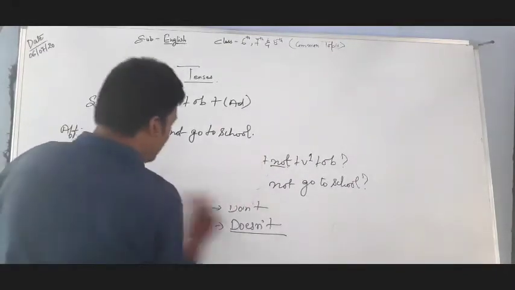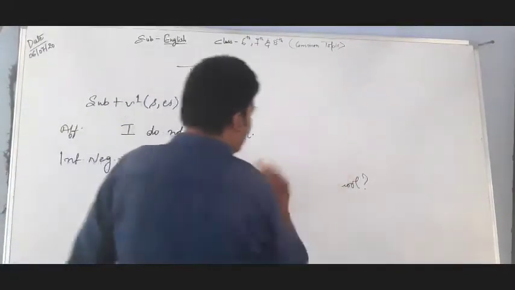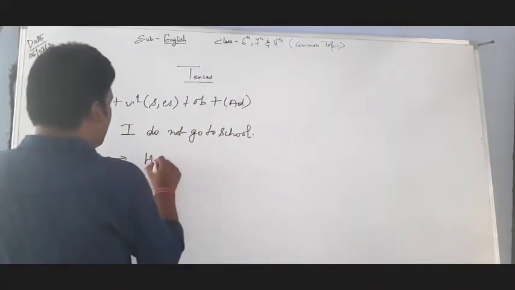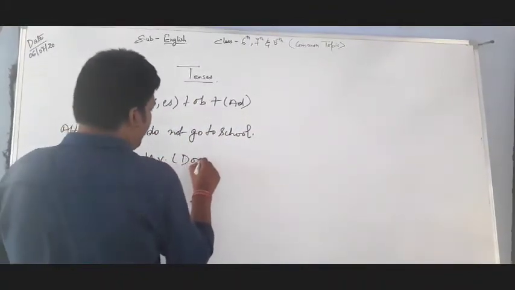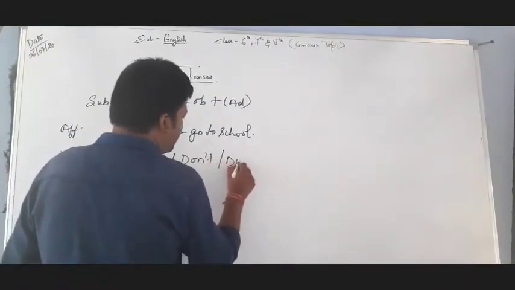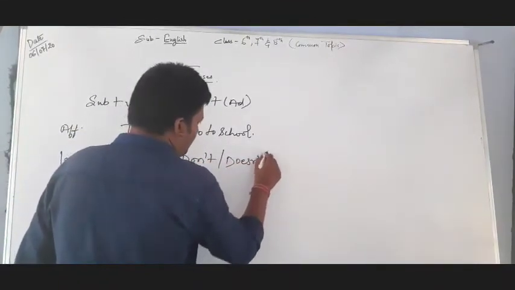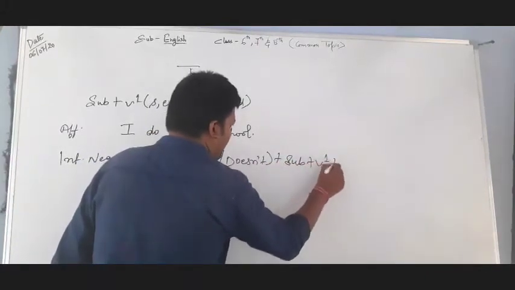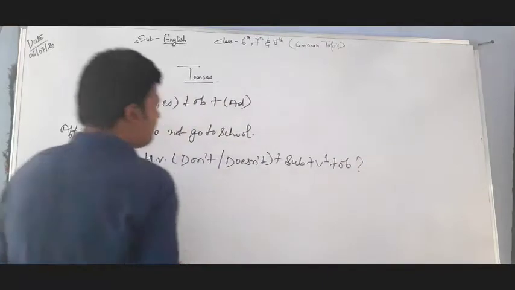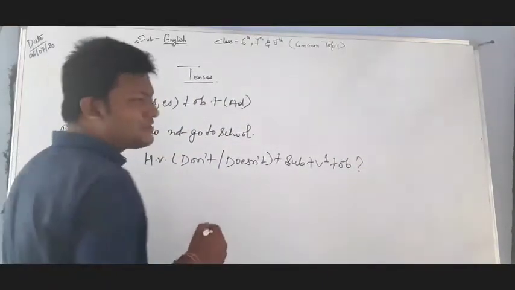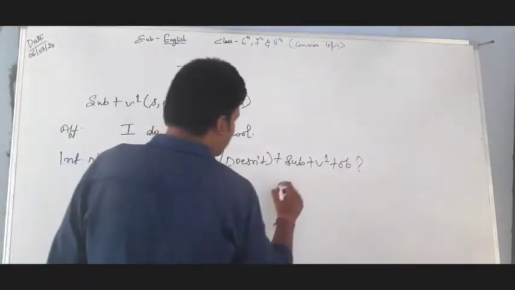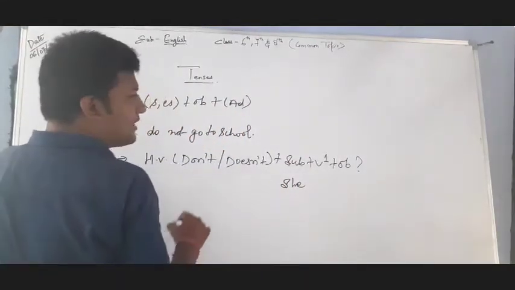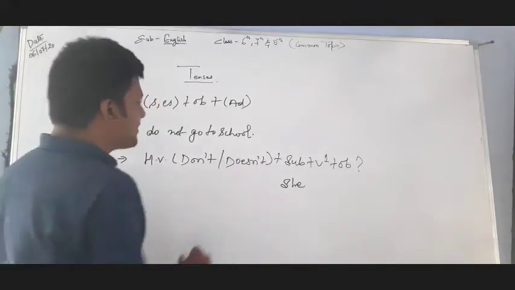Let me rub out the formula, and I am writing the formula in the contracted form here. Helping verb, that is don't and doesn't, plus subject plus verb first form plus object. So suppose I take the subject she from the previous example. She is singular as well as third person. I choose doesn't.